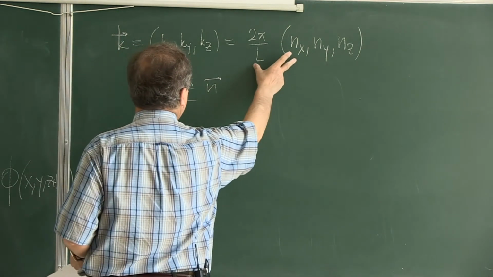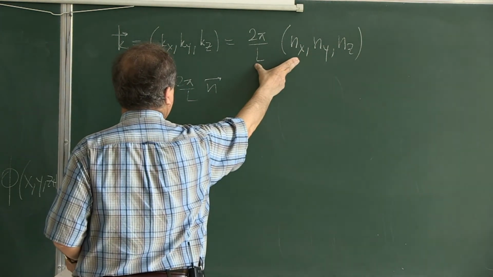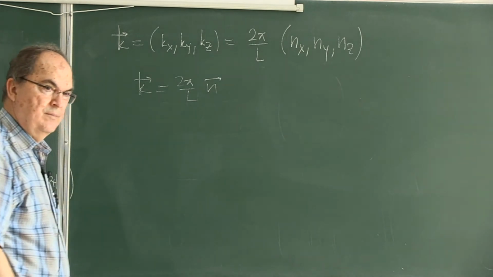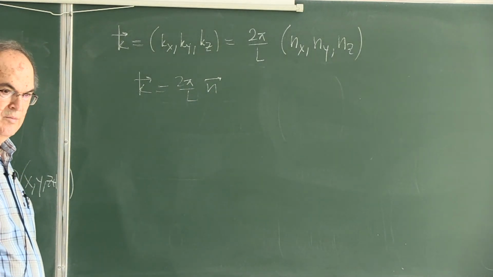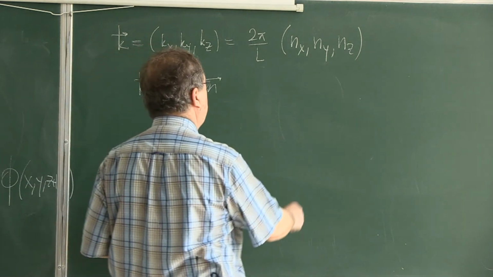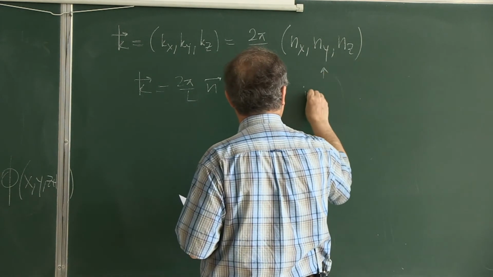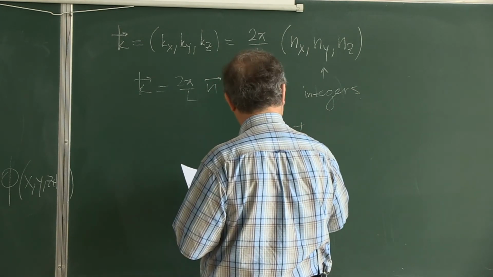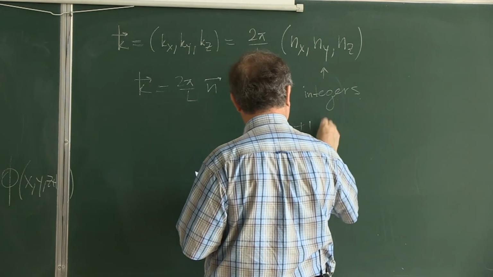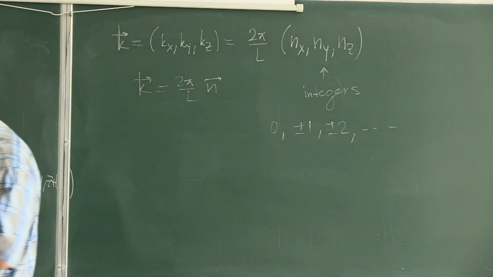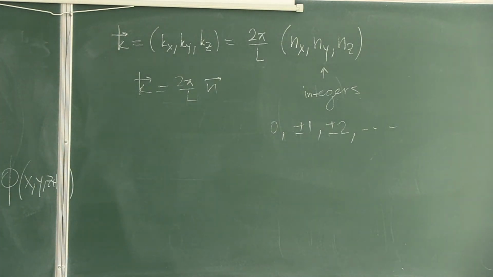Each one of these, the x component of k for example, is 2 pi nx over L. Same with y and z. These are integers: plus minus 1, well, 0 is also there, plus minus 2, etc. So they can be positive, negative, and 0. This is quantization.